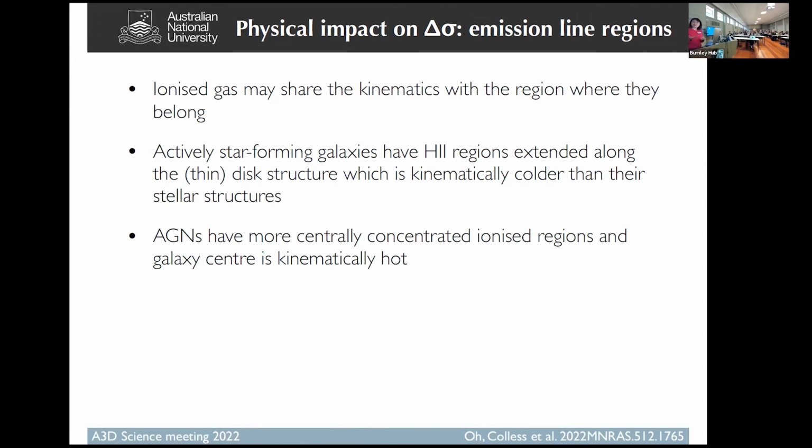Whereas the AGNs are supposed to emit more centrally concentrated emission lines. And the central part of the galaxy where they emit the emission line, the AGN-like emission, is dynamically very hot compared to the stellar parts. So the difference in the emission line regions according to the power sources also contributes to the relation between the delta sigma and the CAGN.